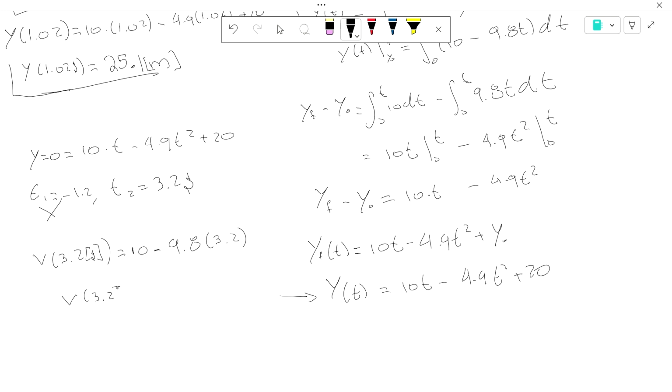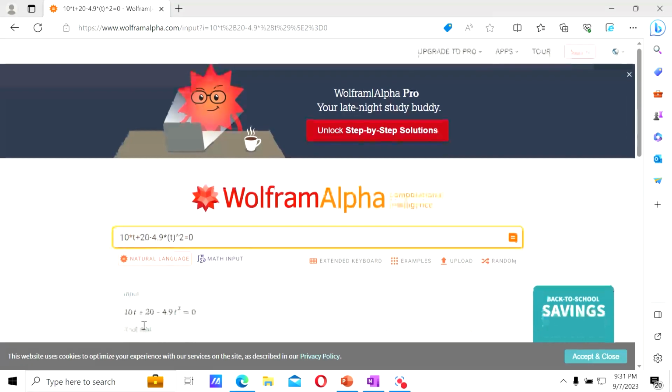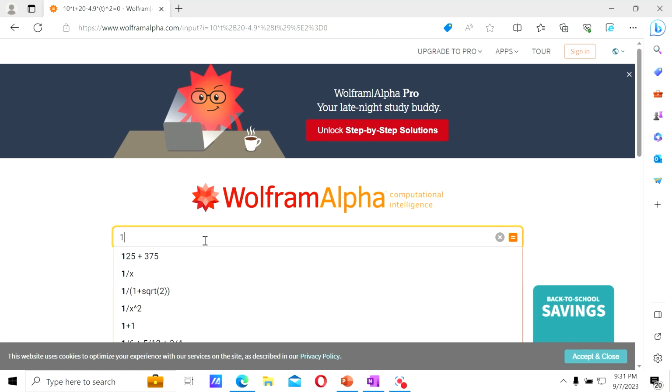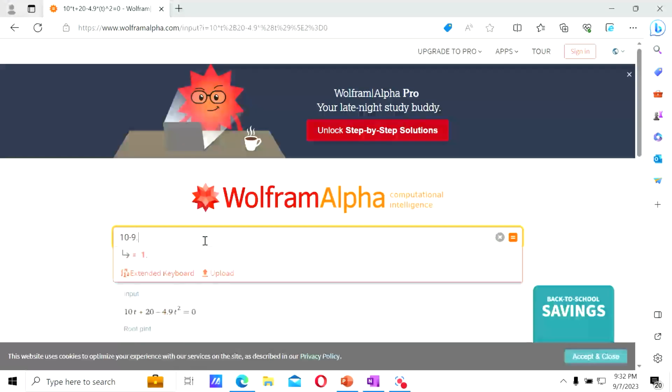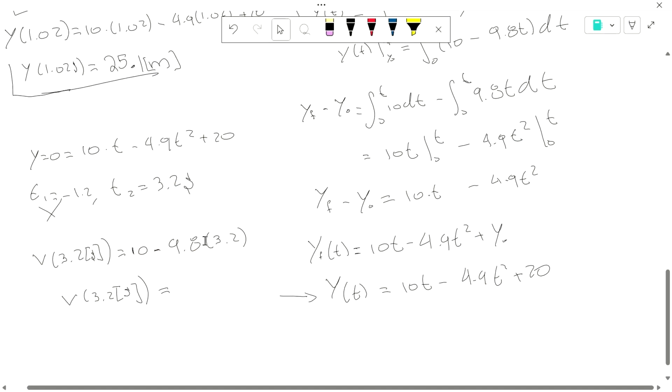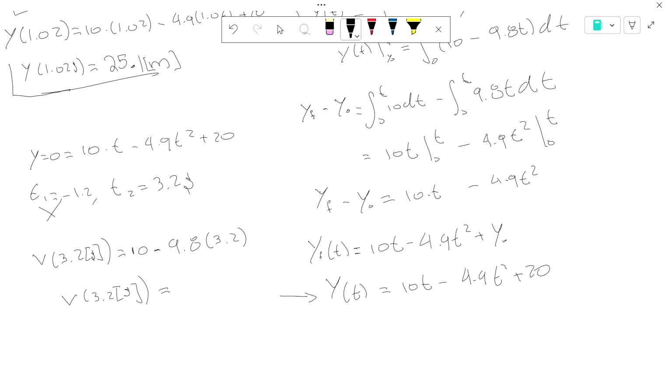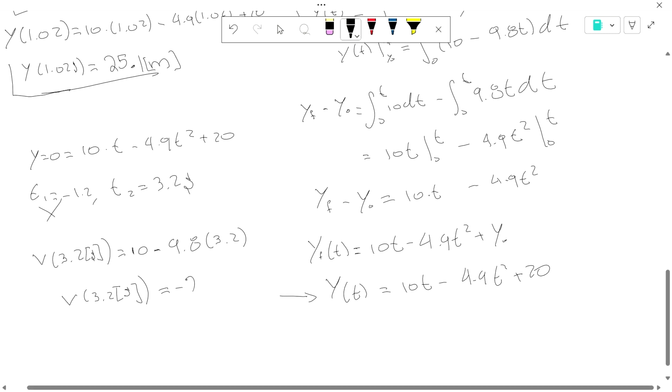V at 3.2 seconds is equal to 10 minus 9.8 times 3.2, negative 21.36 meters per second.